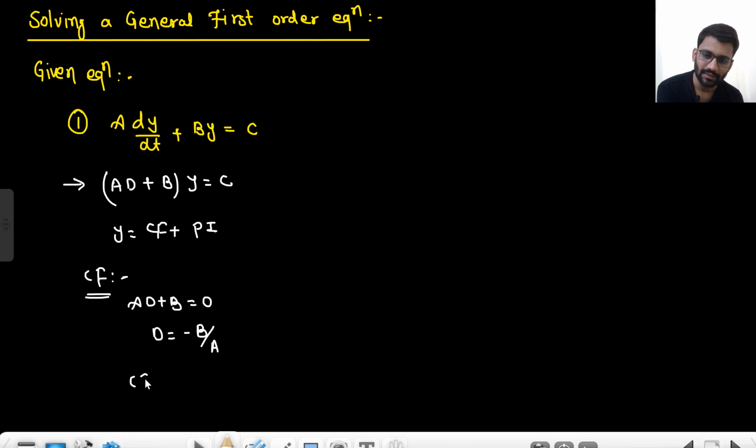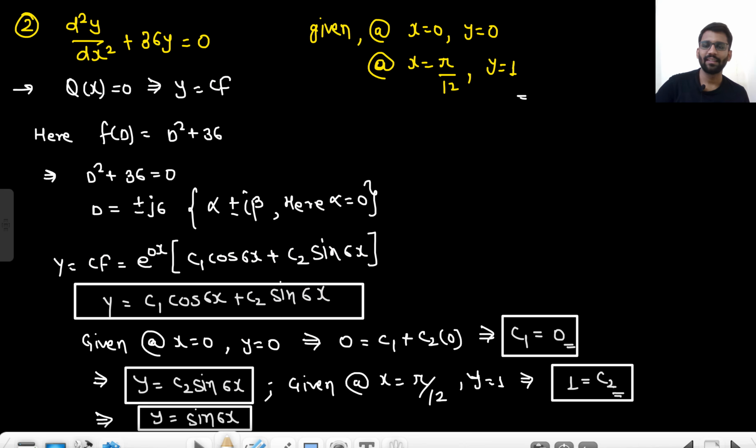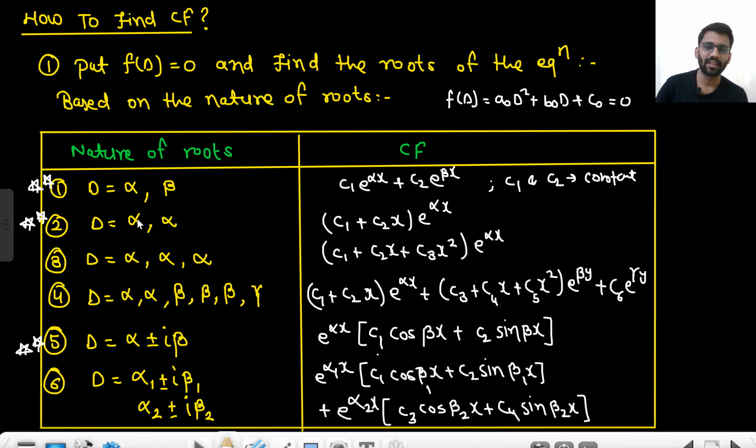So your CF is what? Only one root is there. I didn't tell you about one root actually; similarly, here I told you for two roots, alpha and beta. If beta is not there, then we can put beta equal to 0, just don't consider it.